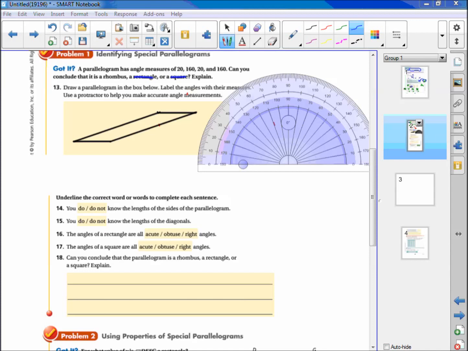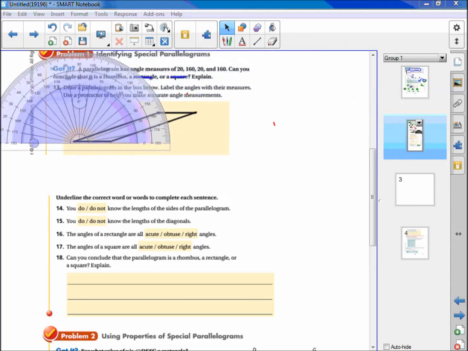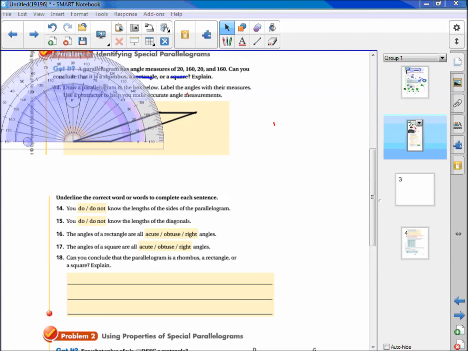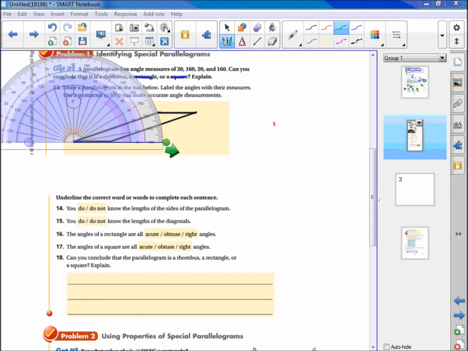So it says draw a parallelogram in the box below, label the angles with their measures, and use a protractor to help you make accurate angle measurements. So here is mine that I went ahead and drew ahead of time. And if we look on here, we can see that this one is about 160, okay? I'm sorry, that's not 160, that's 20. So there's the 20, okay?